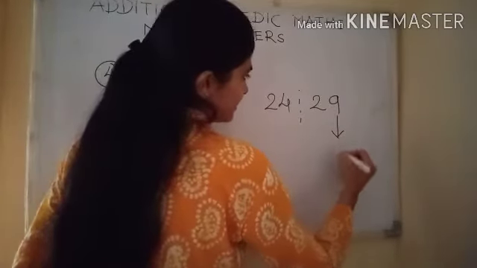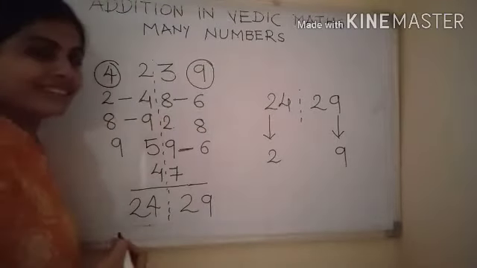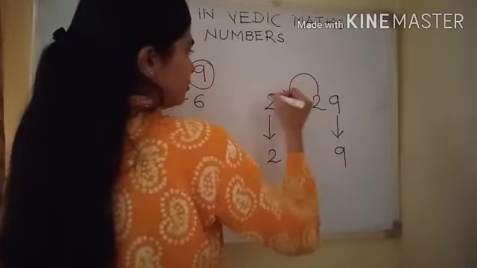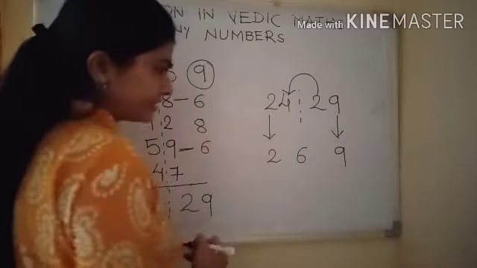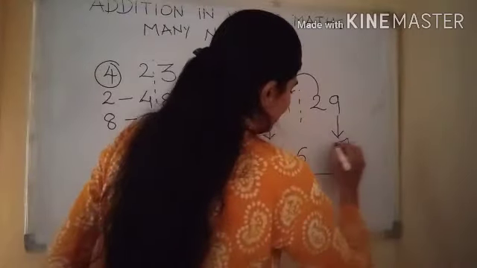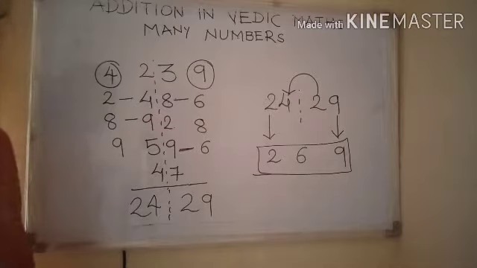This digit will be as it is, and this digit will be as it is. Now this 2 is added to this 2 and 4, that is 6, so the answer is 269. Hope you have got this.